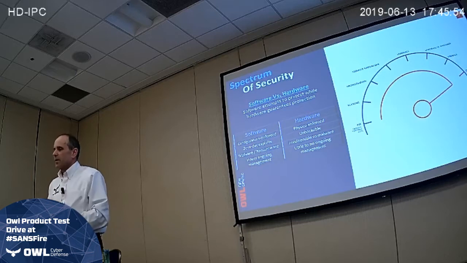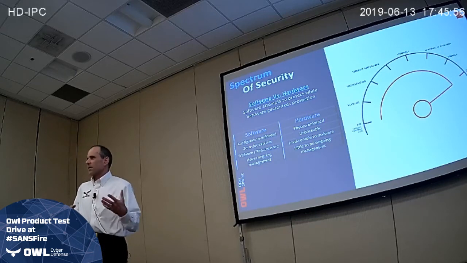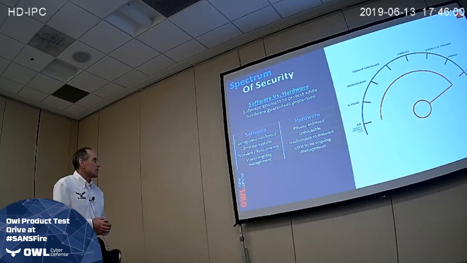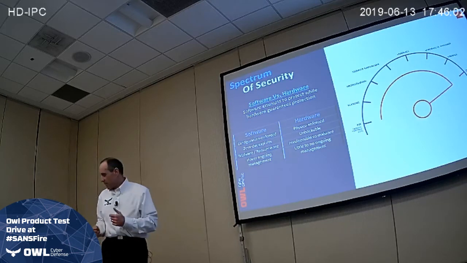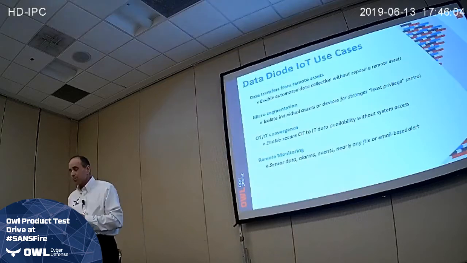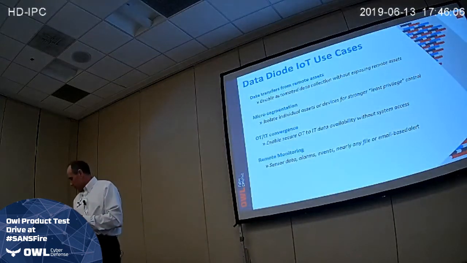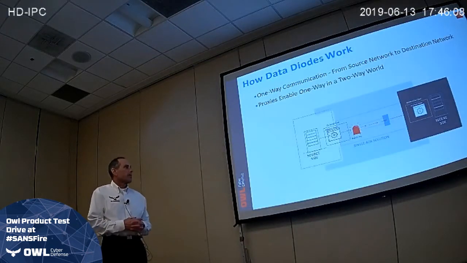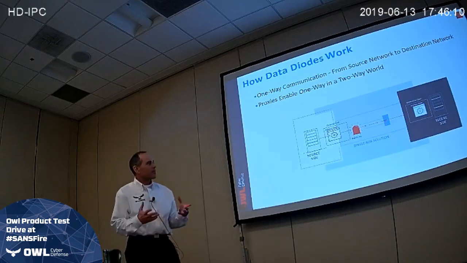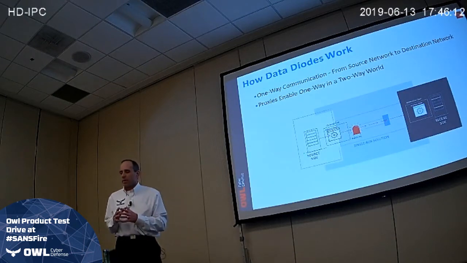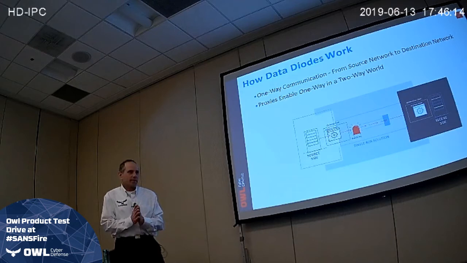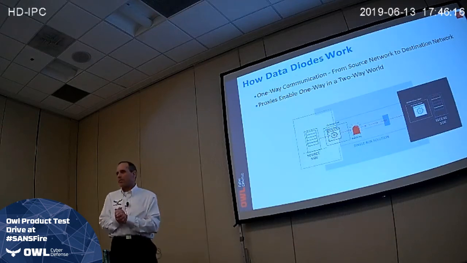What makes a diode work is the components. You've got a transmitting element and a photoreceiver, so basically an LED sending light over a fiber optic cable, and light is representing data. When the data comes into the source side, there's a proxy that runs. Inside this box there are 2 proxies, one on either side.